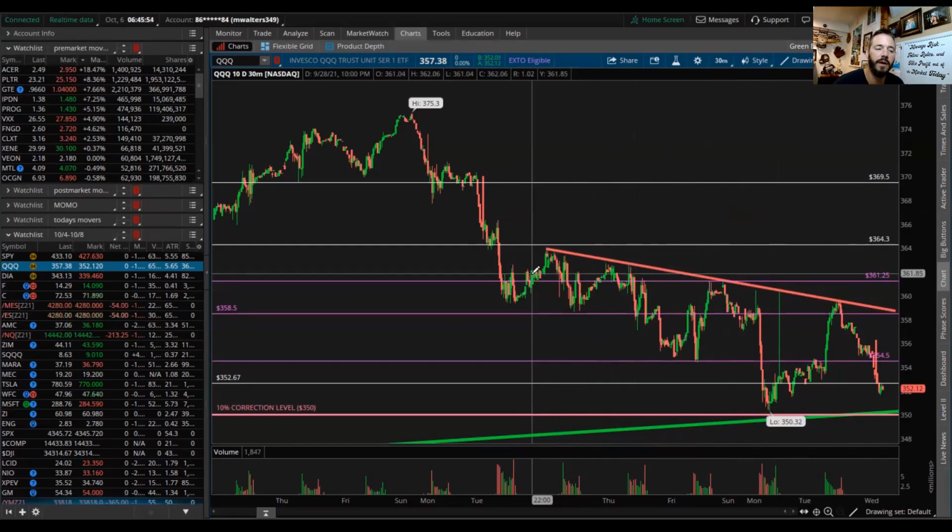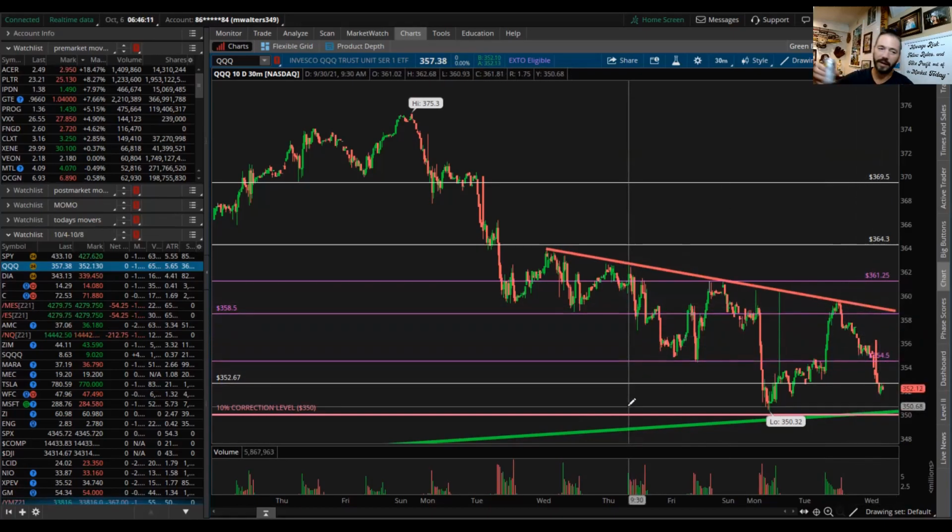That doesn't mean that at some point we can't bounce off of this 350 level. We do have a trend line that we're coming into here. It's just a little scary to be holding some things overnight. That's basically all I like to alert to people. Until we break these trend lines, you don't really feel comfortable at that point.